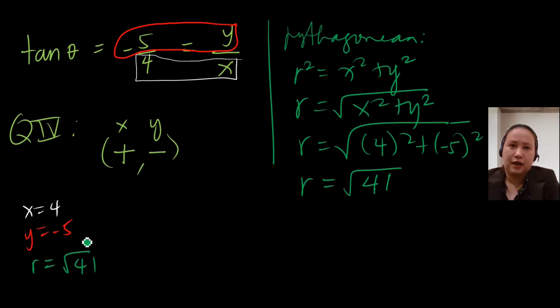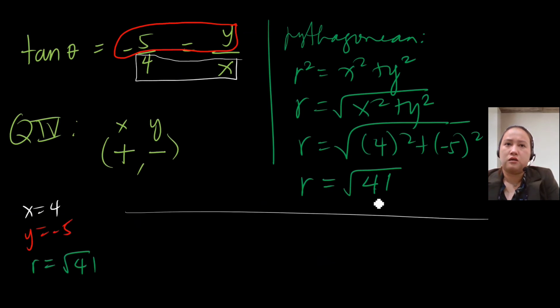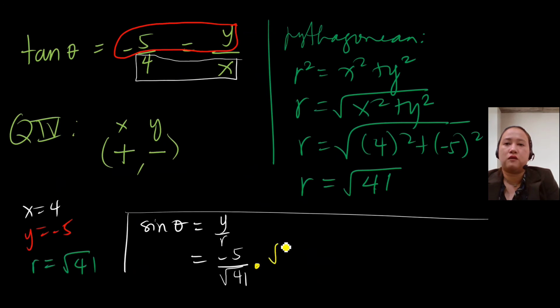And again, what we need in the problem is sine theta. Sine theta in our formula is y over r. Since y is negative 5 and our r is square root of 41, we're just going to rationalize this. Square root of 41 over square root of 41.